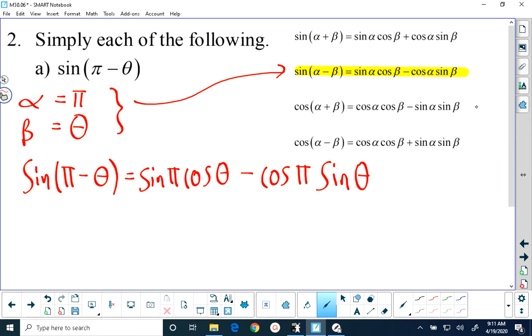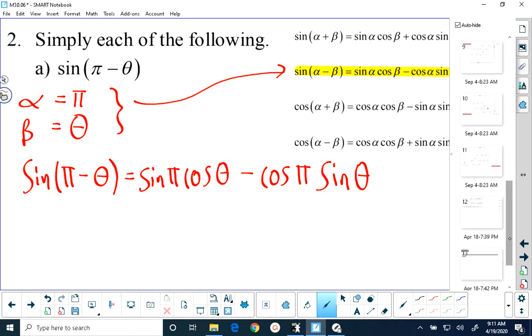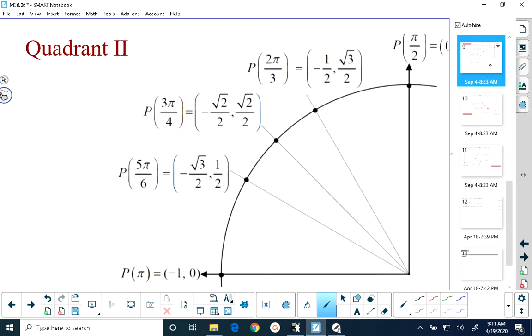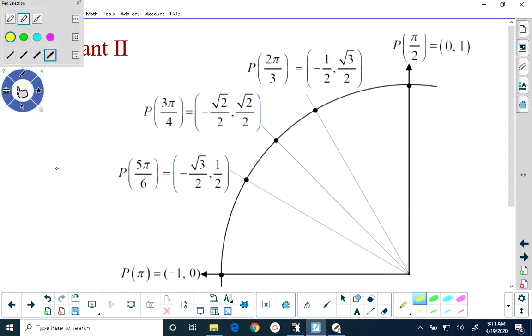Now, sine of pi and cosine of pi are things we can calculate because those are also special angles on the unit circle. If I were to take a look at pi on the unit circle, which is down here, the coordinates of a rotation angle of pi are -1, 0.